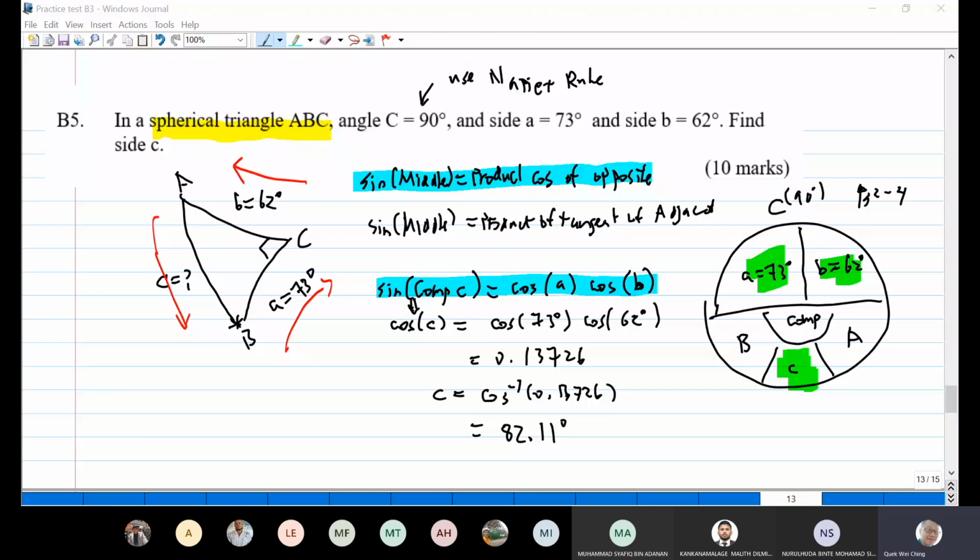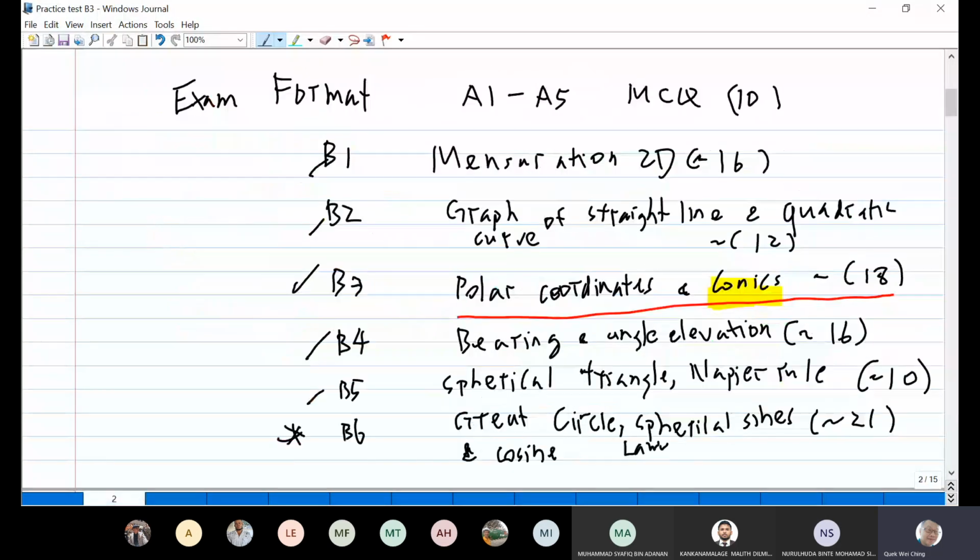Finally, I'm going to go to B6 for you now. B6 is a big question. Also a spherical triangle, but you use a lot of application now.